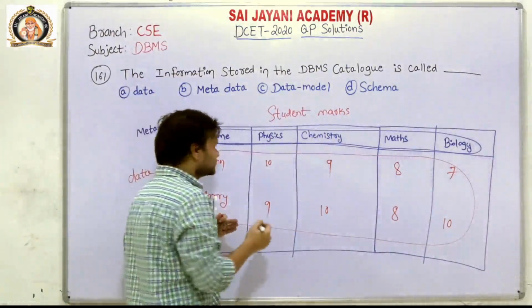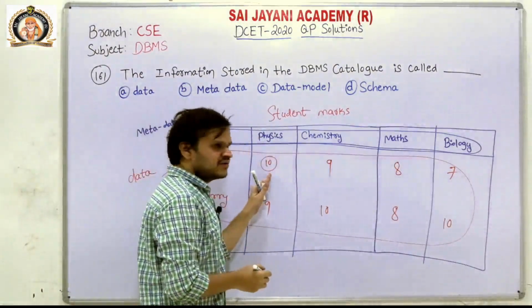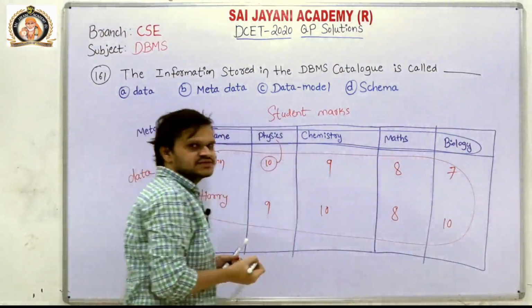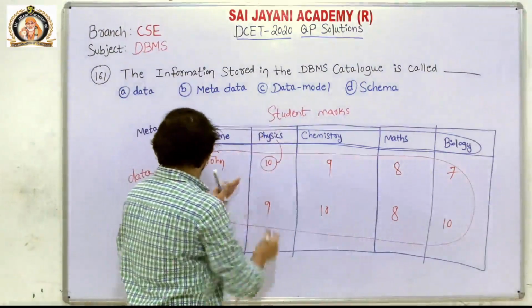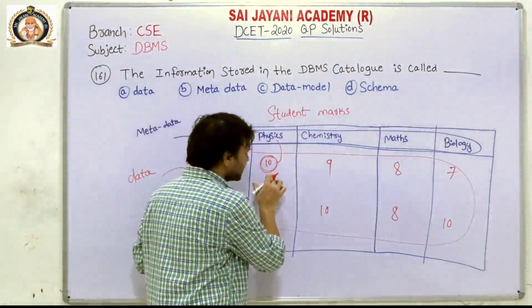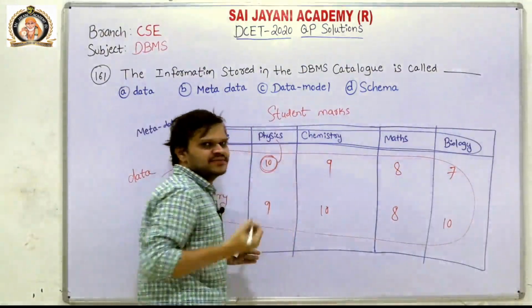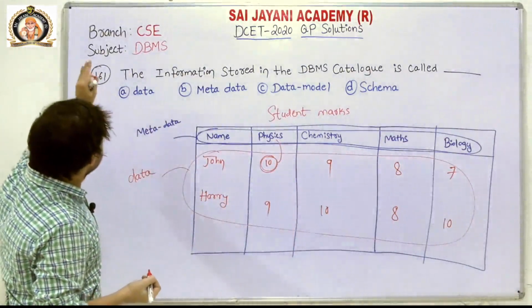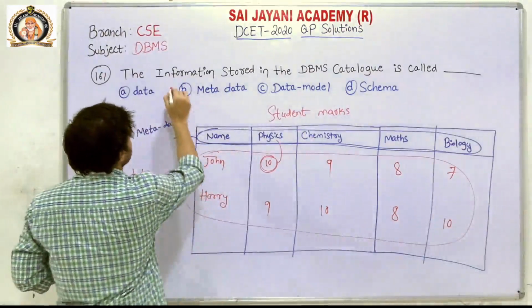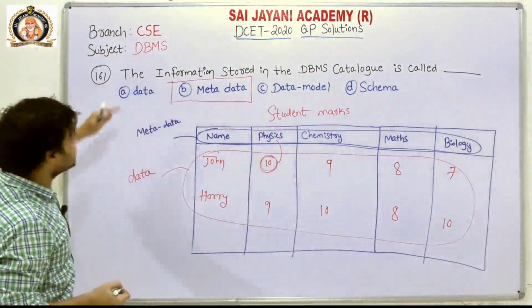If you consider John, he got 10 marks. Here 10 is the data. For which subject did he get 10 marks? Physics. Here physics is the metadata, 10 is the data. Got my point? So for question number 161, option B, metadata is the right answer.